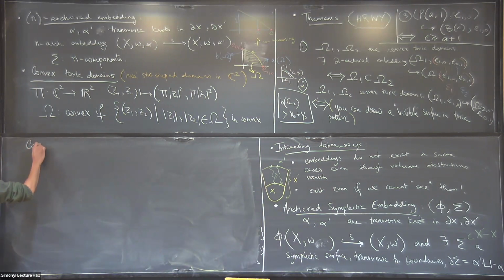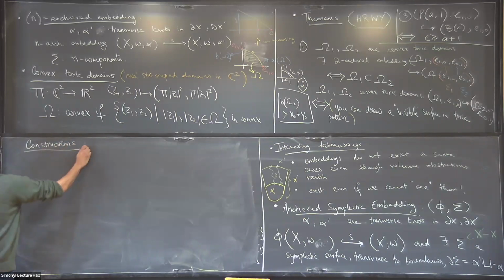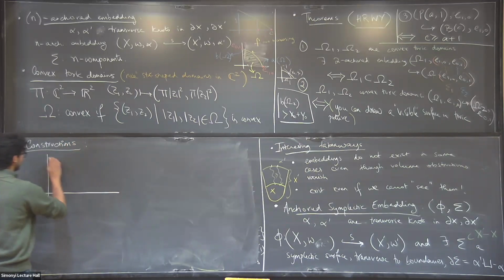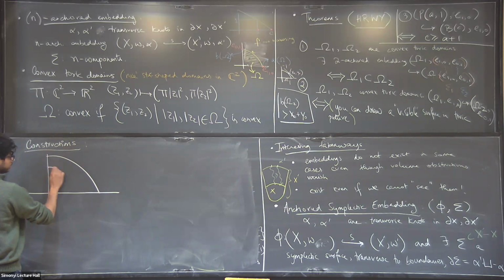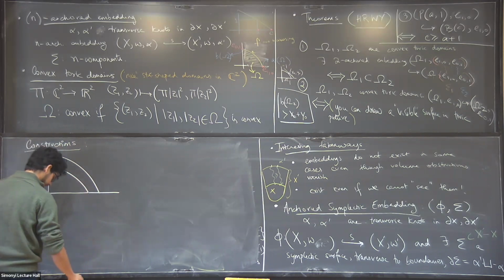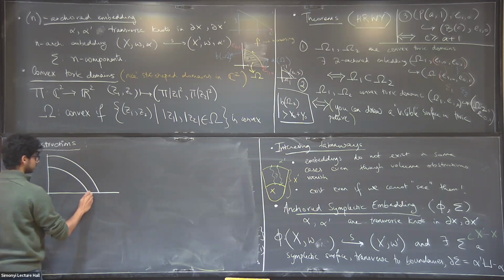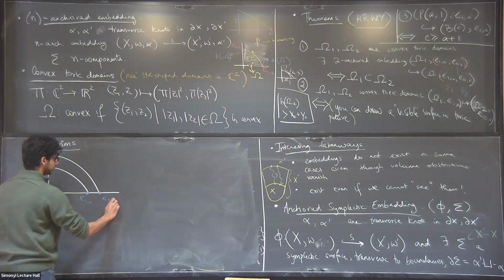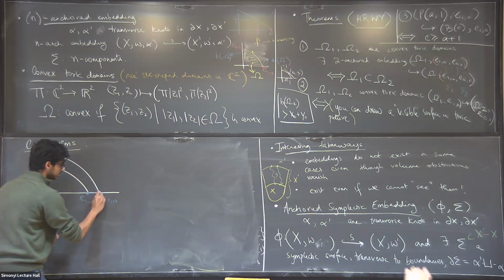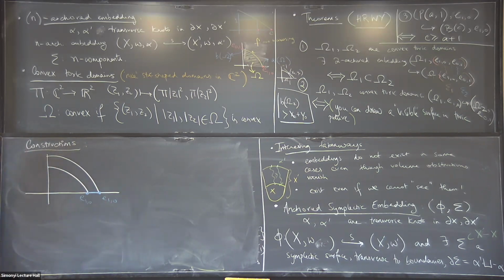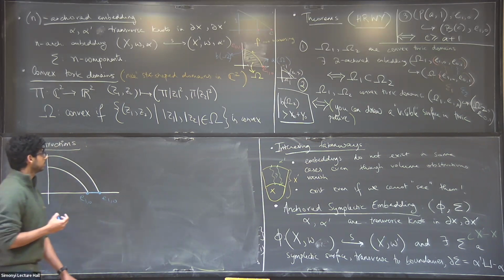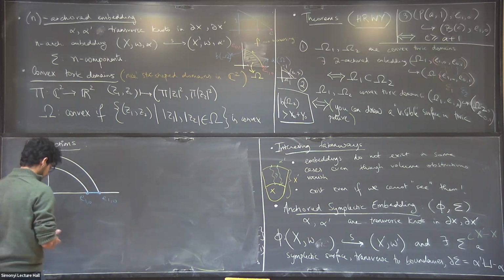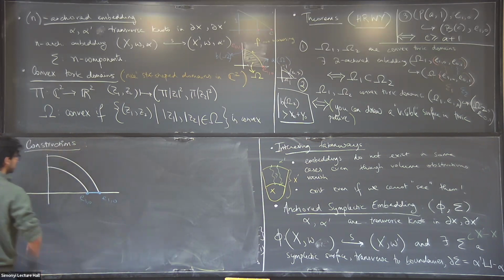The constructions. If you have two convex domains that sit inside each other, and if you have these E10s, then this defines a symplectic cylinder that gives you an anchor in this embedding. Similarly, this gives an anchor between the E01s.